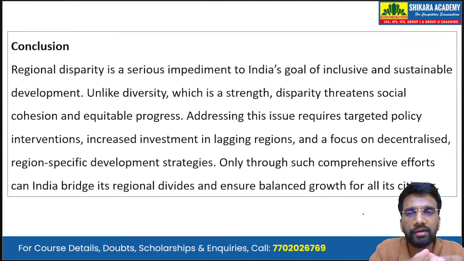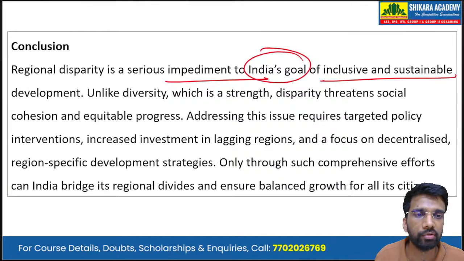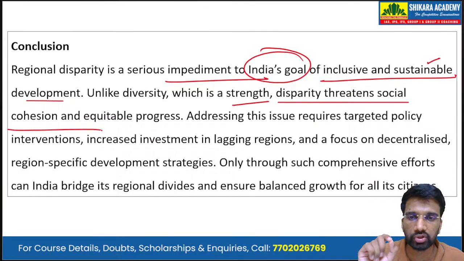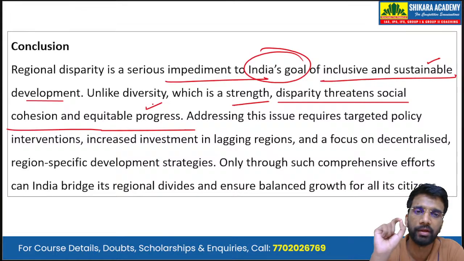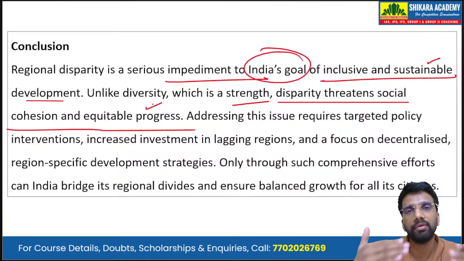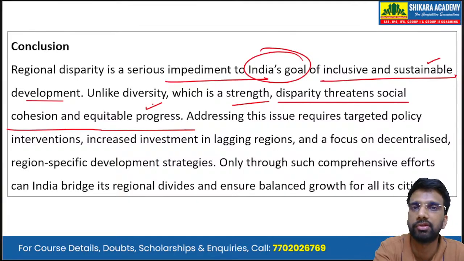Now, in conclusion, we write that regional disparity is a serious impediment to India's goal of inclusive and sustainable development. Unlike diversity, which is a strength, disparity threatens social cohesion and equitable progress. Addressing this issue, we have to write a forward-looking line. We have to make sure that we give the points on how we can address this situation.